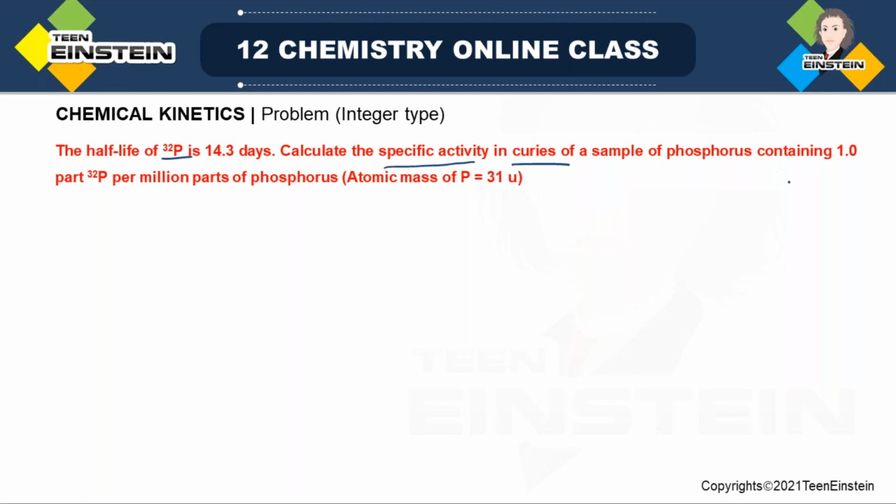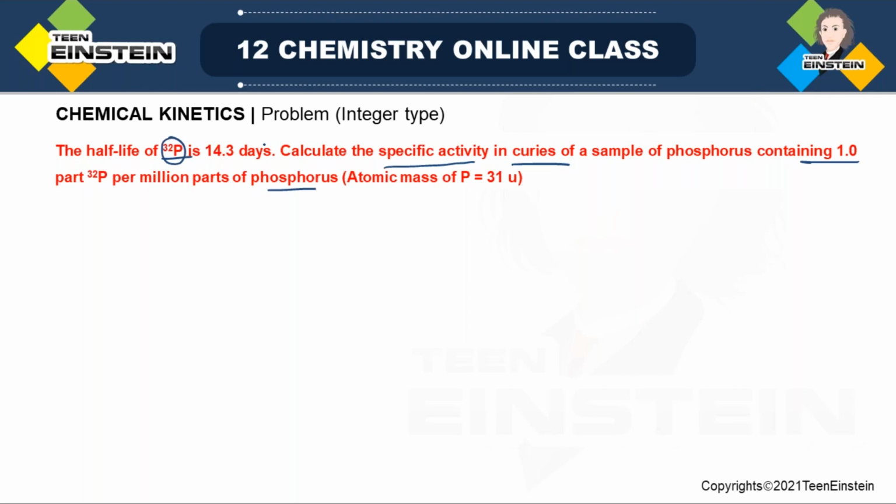For a sample of phosphorus, this sample is containing 1 part 32 phosphorus per million parts of phosphorus. The isotope of phosphorus which is present in higher percentage is actually 31 phosphorus, and 32 phosphorus is radioactive.